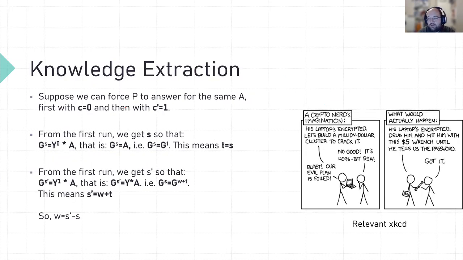And for knowledge soundness, the argument we make is this: either the prover is not really good at cheating at the protocol, or if the prover is good at cheating at the protocol, then they might as well know the witness. This is how the argument goes.